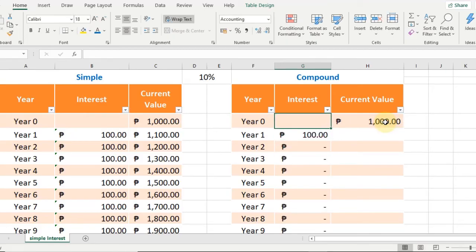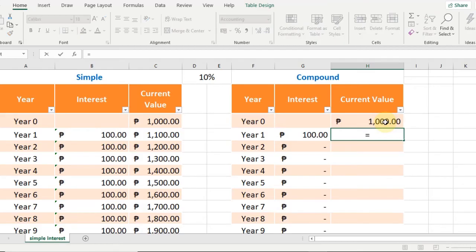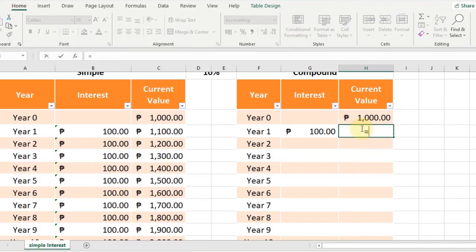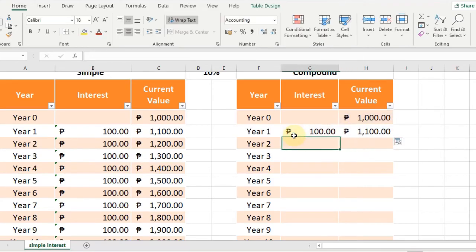That's 100 pesos. So, similarly, just like in the simple interest, your balance at the end of year 1 is equal to your previous balance plus, of course, the interest that you earn. Okay? What will happen on year 2?